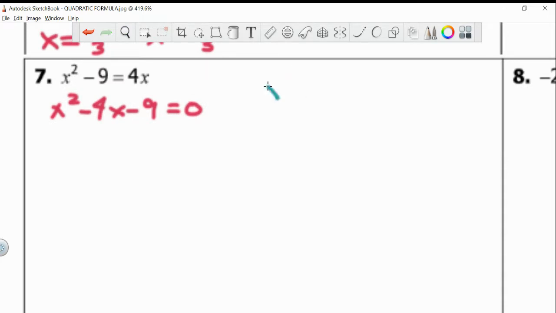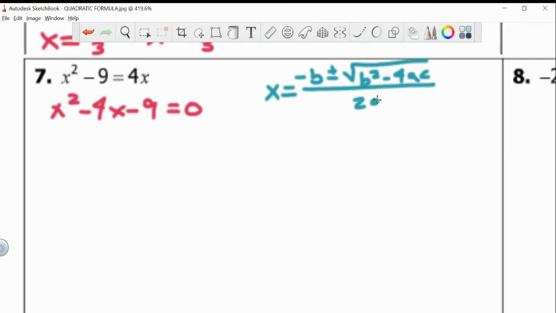We've got x equals, probably not a bad idea to write it, especially since we're on the back: negative b plus or minus the square root of b squared minus 4ac, over 2a.